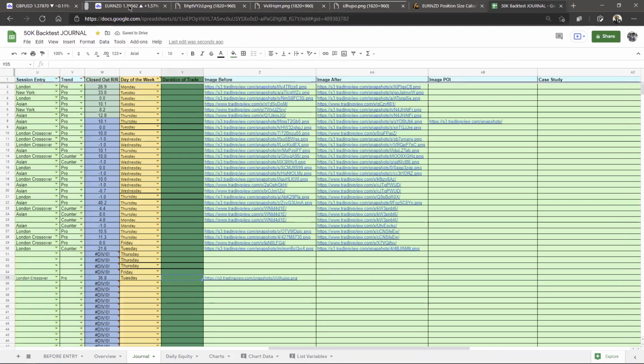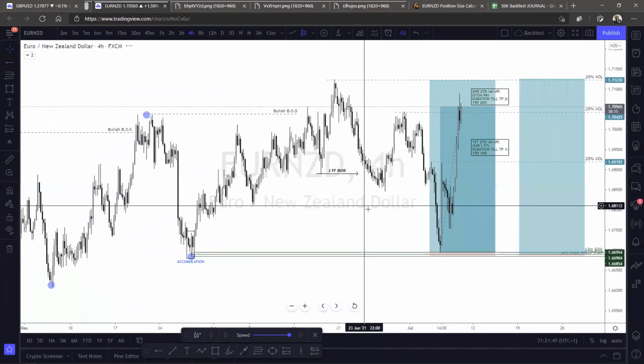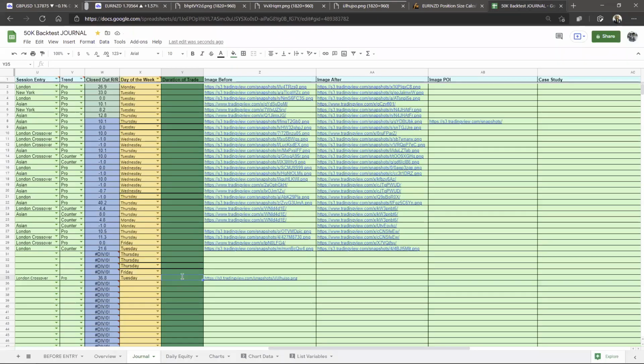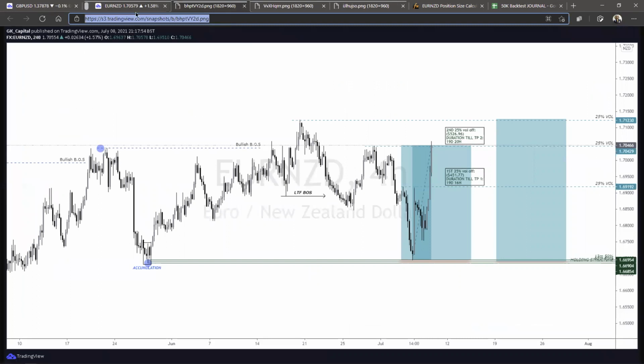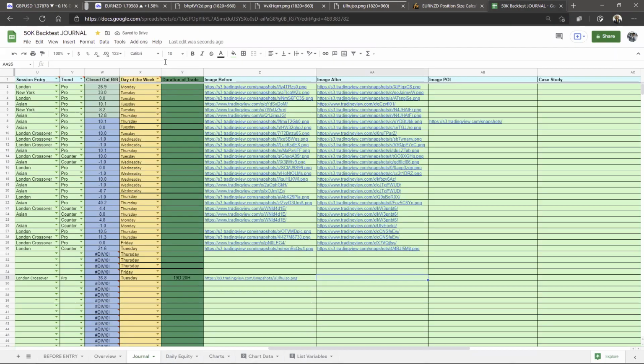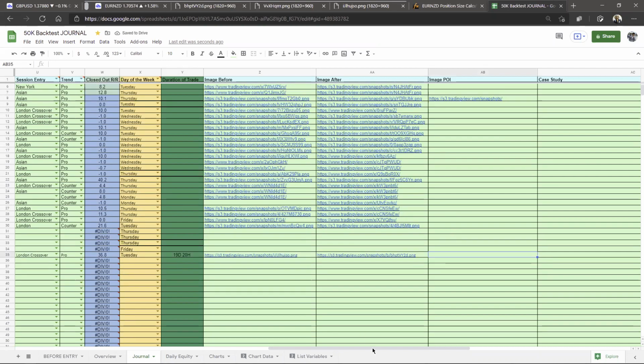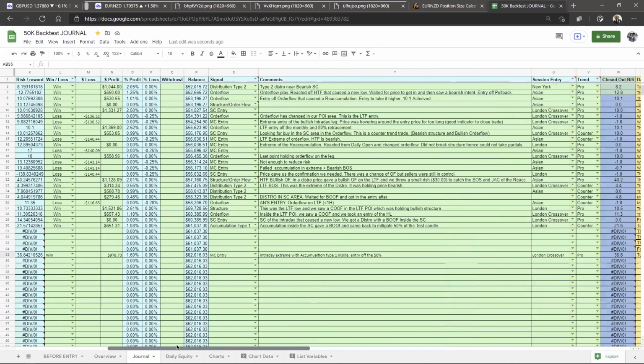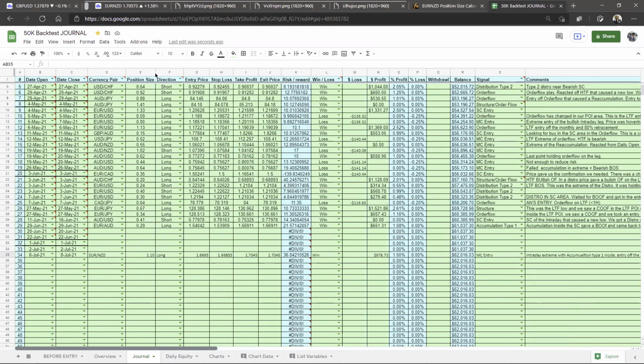Okay, yeah, and duration of trade in total was still 19 days, 20 hours. Okay, image after, which was this one. Boom. That's it, no case study, nothing. Okay, and there you go, that's in there. Cool. That's that.